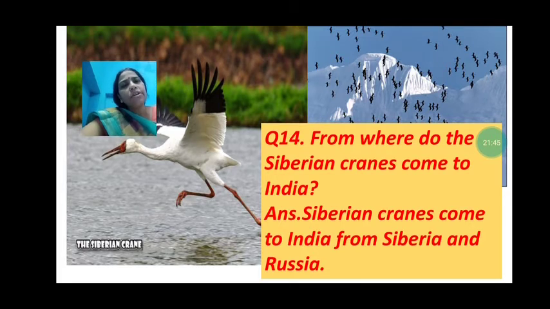When they come to India, they cross many southeastern Asian countries. They cross through Nepal also, China also, and then come to India.